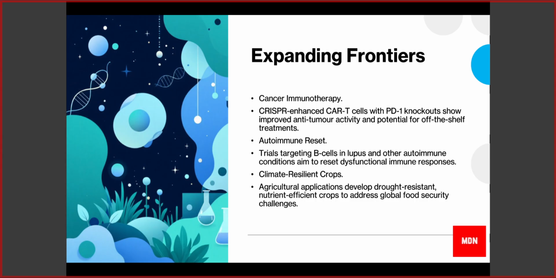There are also, on the side of plants, climate-resilient crops. Agricultural applications develop drought-resistant, nutrient-efficient crops to address global food security challenges, because as we know, the world's population is increasing and having more food is always better.